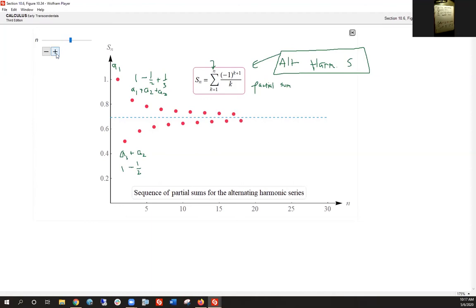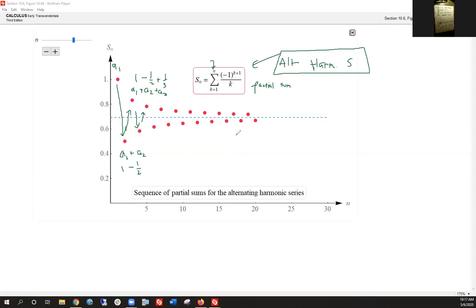It should be somewhat clear that the terms are bouncing around. Why is it that they have kind of this zigzaggy pattern? Like first it goes down, and then it goes up, and then it goes down. Like why is that happening?